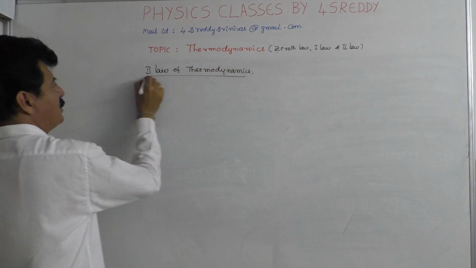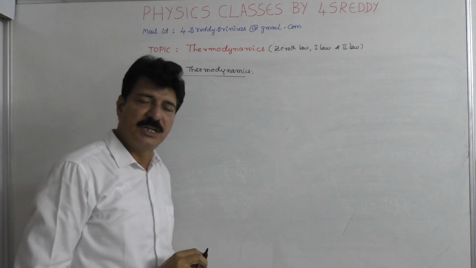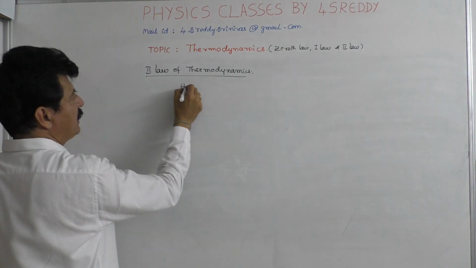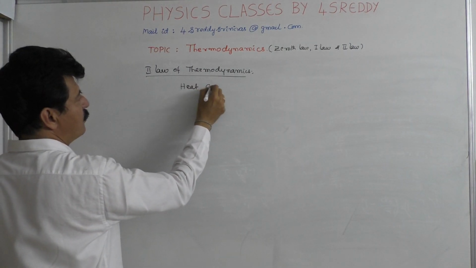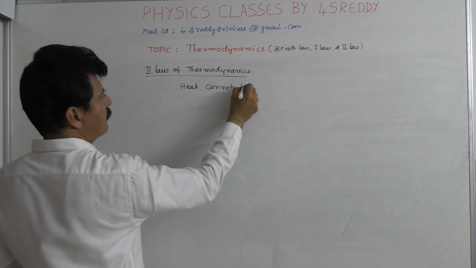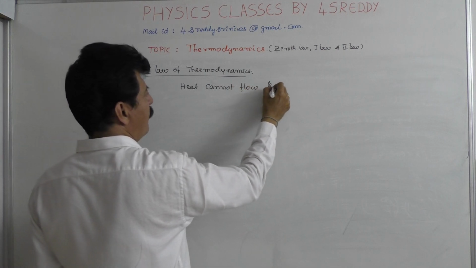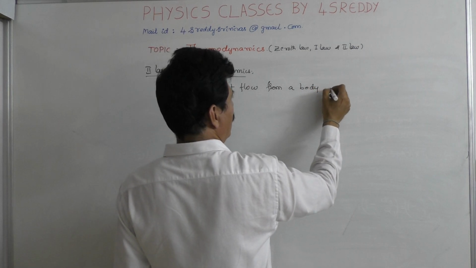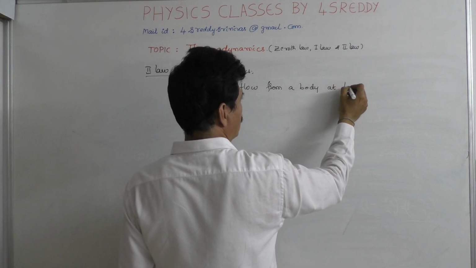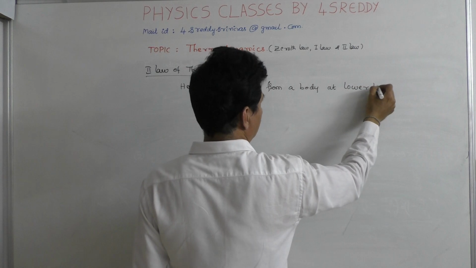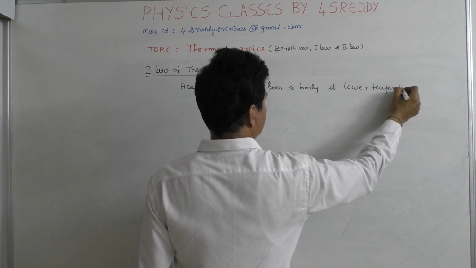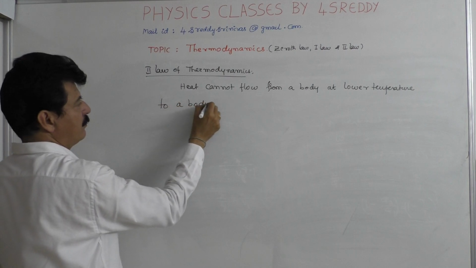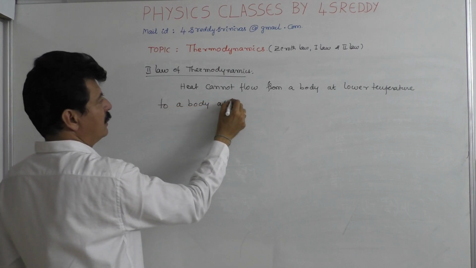Generally, there are so many statements like the Kelvin statement, the Clausius statement, etc. For all these, the only thing we can say is that heat cannot flow from a body at low temperature to a body at higher temperature.